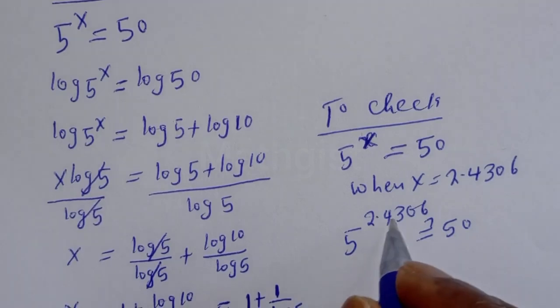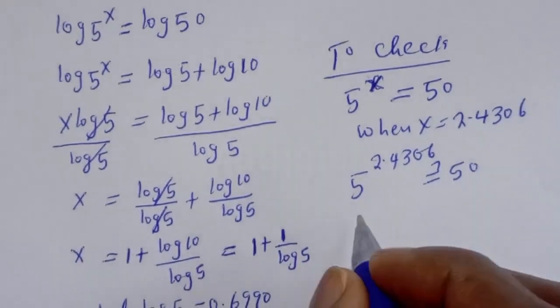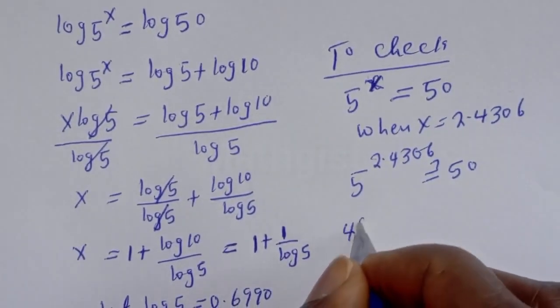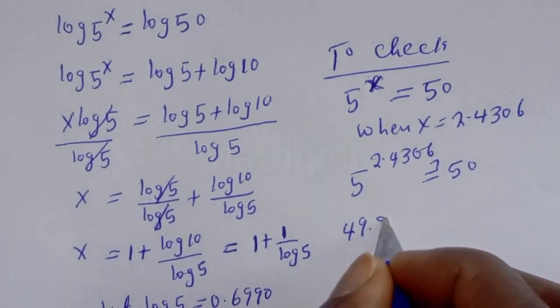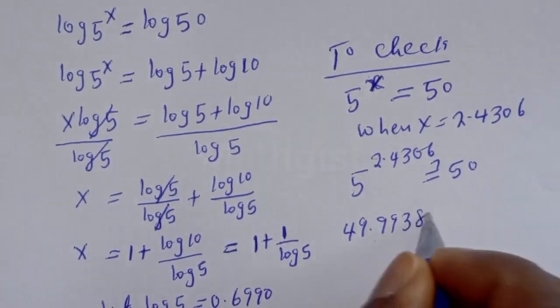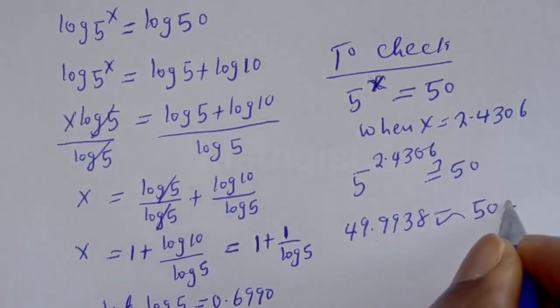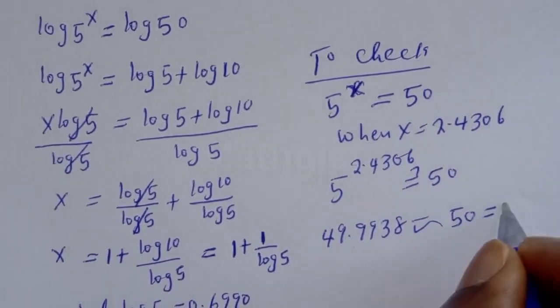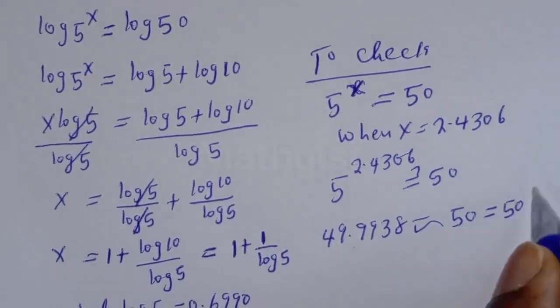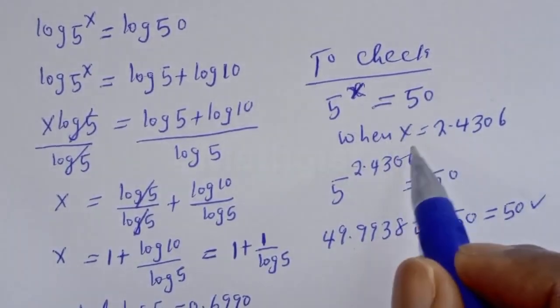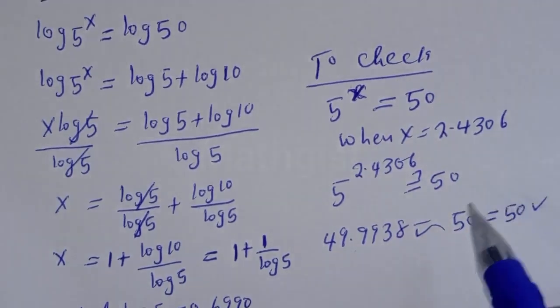Then 5 raised to power 2.4306 is 49.9938, which is approximately 50, equal to 50, which satisfies the given equation at s is equal to 2.4306.